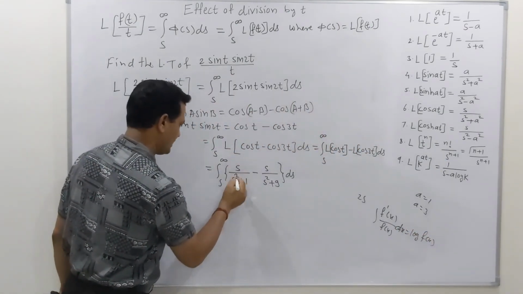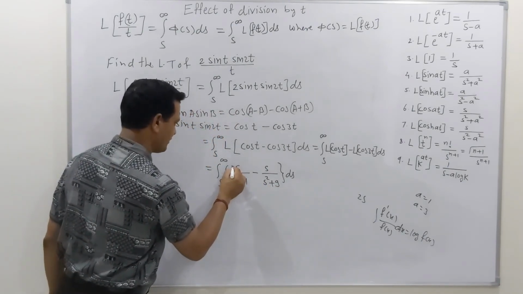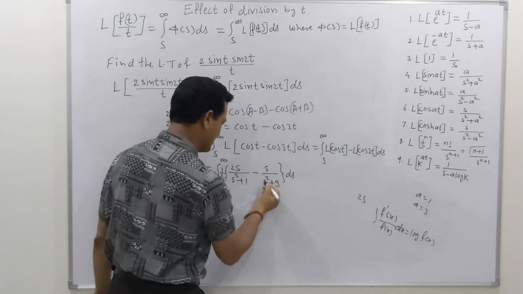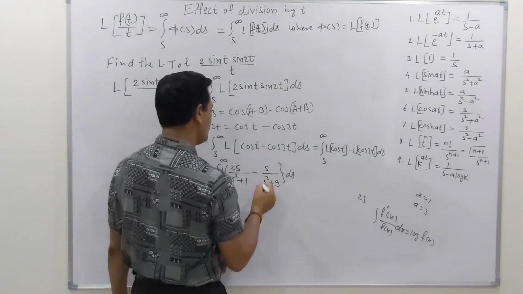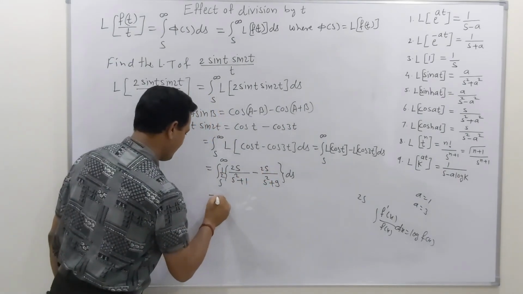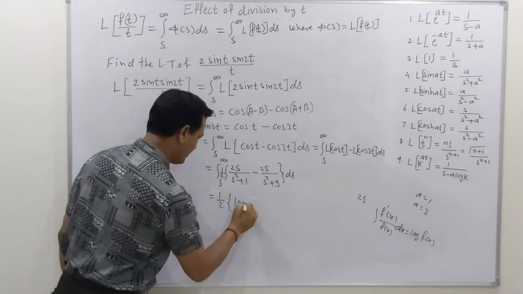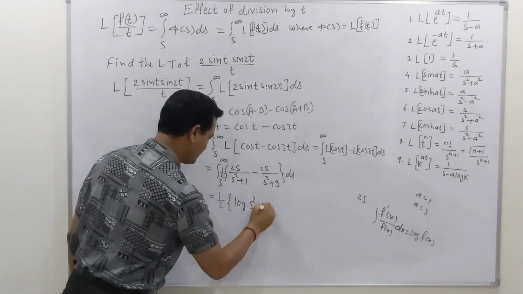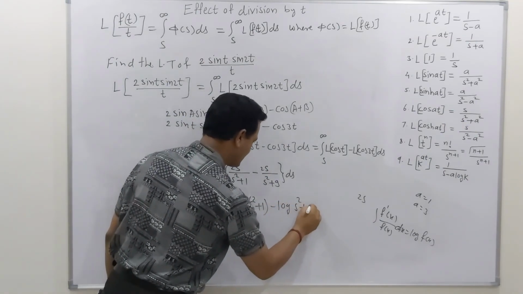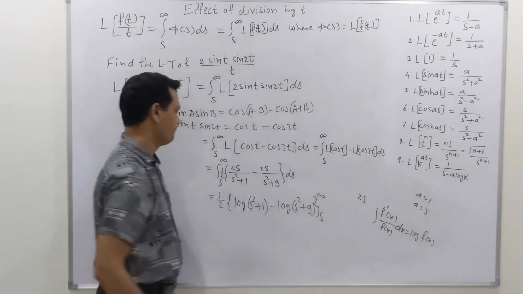So here derivative of s square plus 1 is 2s, so multiply and divide by 2, so again its derivative is 2, so this 2 will get cancelled, so we write this as 1 upon 2, then log of s square plus 1 minus log of s square plus 9 into limit s to infinity.